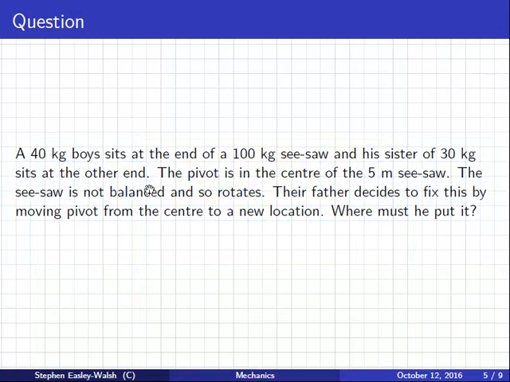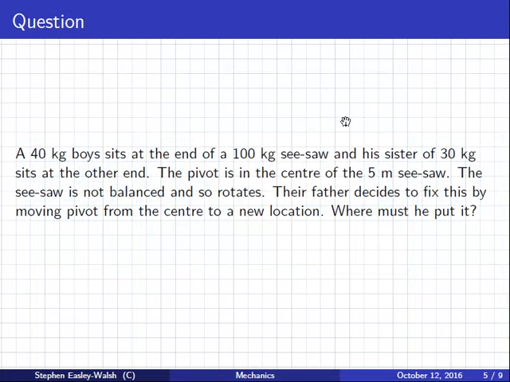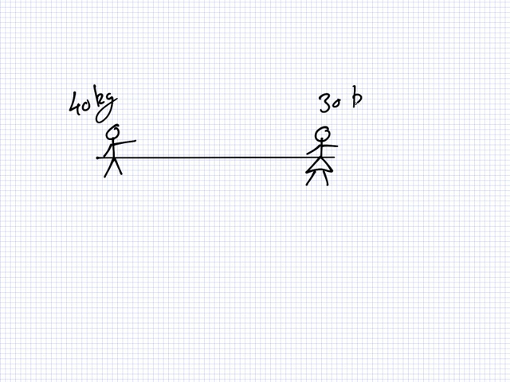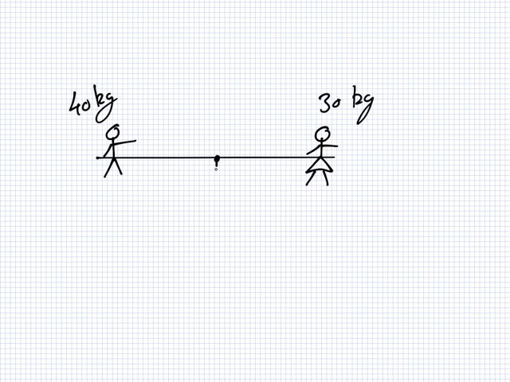Okay, so the boy and the sister, 40 kg, 30 kg, and the seesaw is 100 kg.